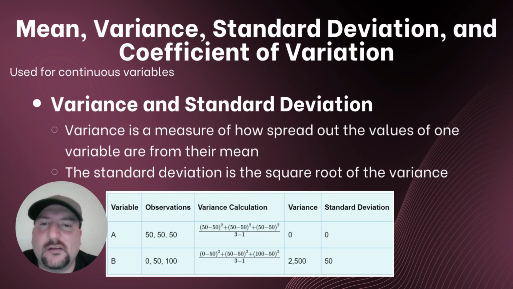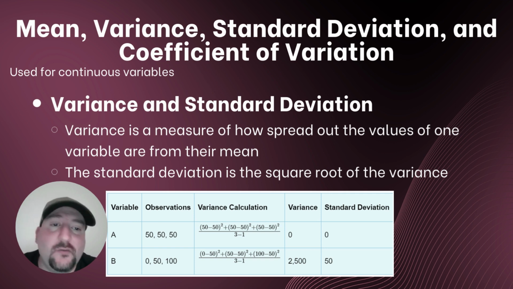Variance and standard deviation. Variance is a measure of how spread out the values of one variable are from their mean. The standard deviation is simply the square root of the variance. The table shows how the variance and standard deviation work. As we can see, the first variable is made of three observations that are identical: 50, 50, and 50.